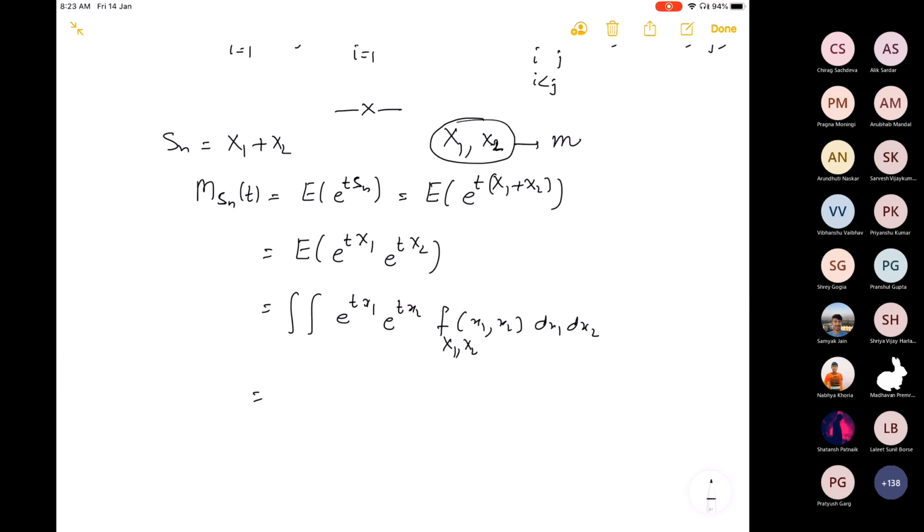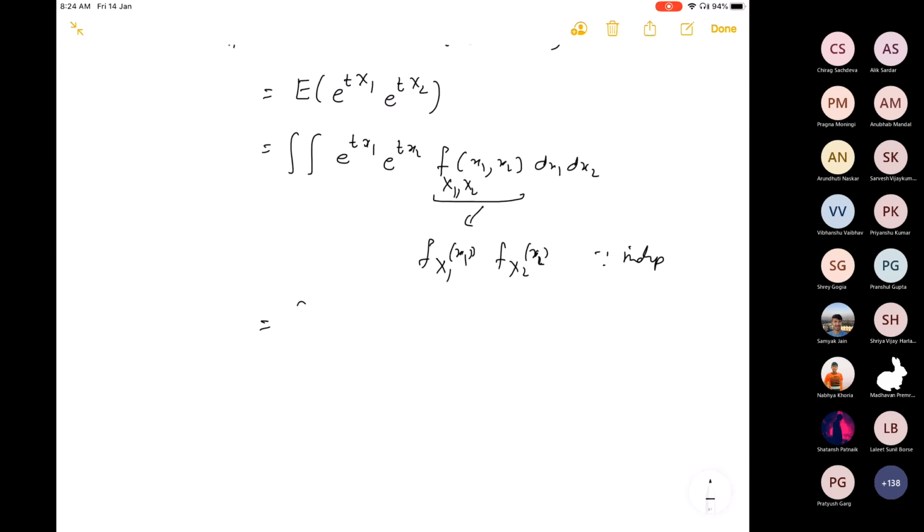Now x1, x2 are independent. That is given to us, let us say. Okay, so then the joint will be the product of their marginals because of independence.